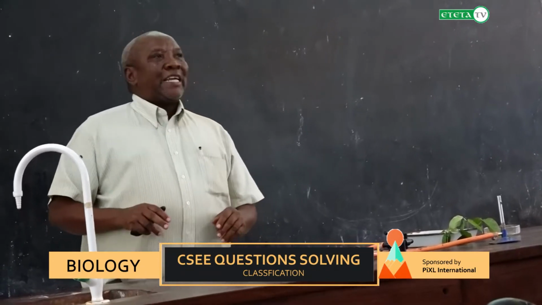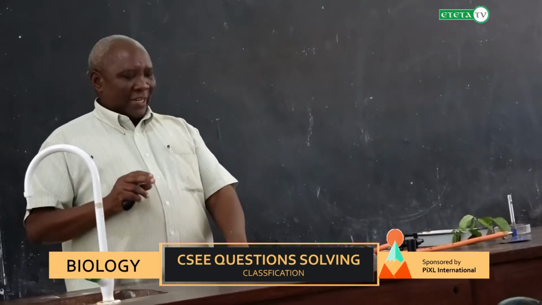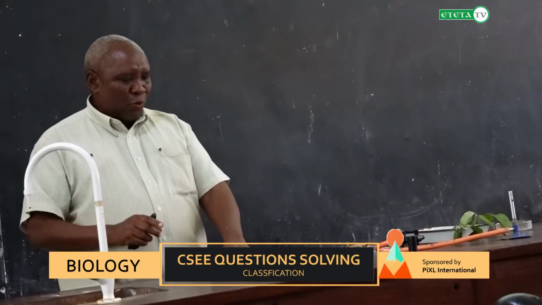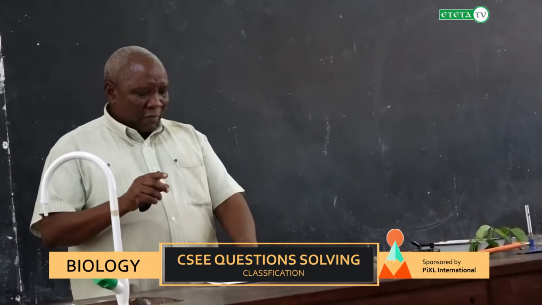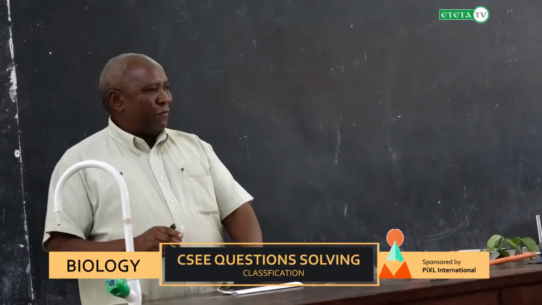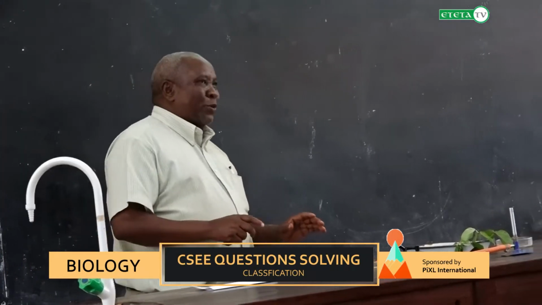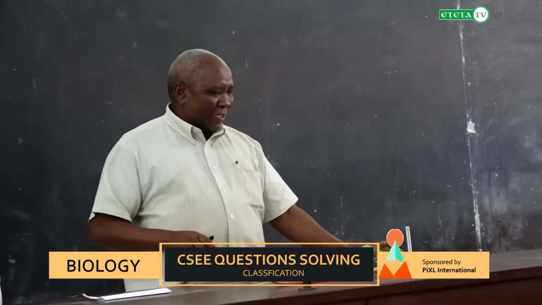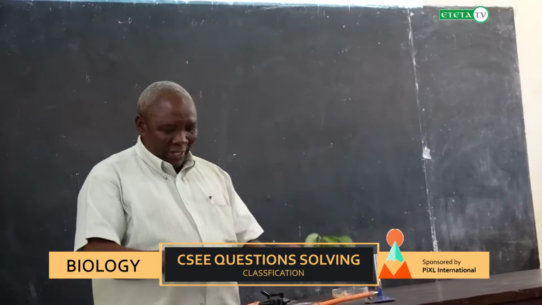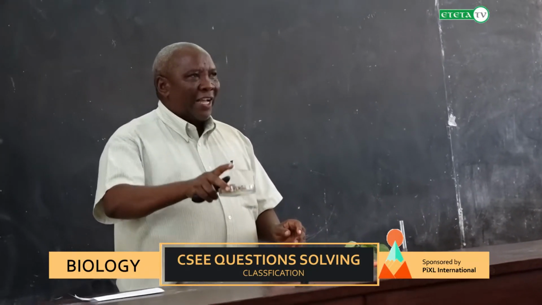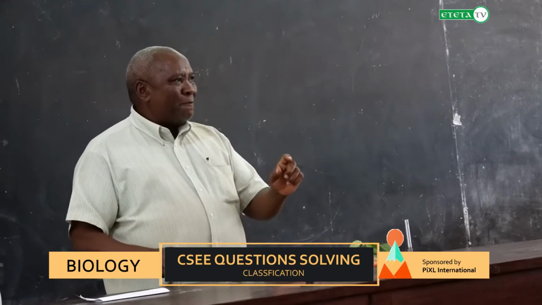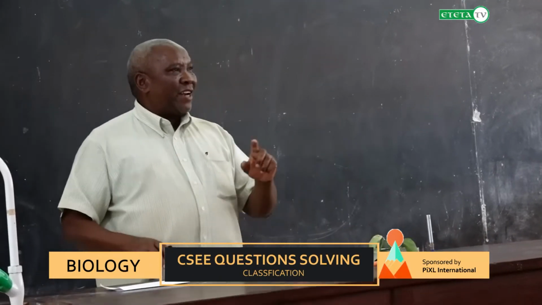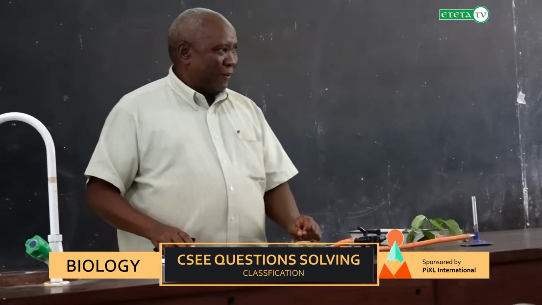Now, part A, Roman 1. Classify the specimens P, Q, and R to phylum or division level. You are supposed to classify specimen P, specimen Q, and specimen R to the phylum level, which is the second rank in classification.